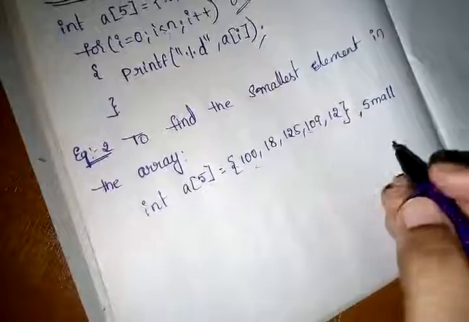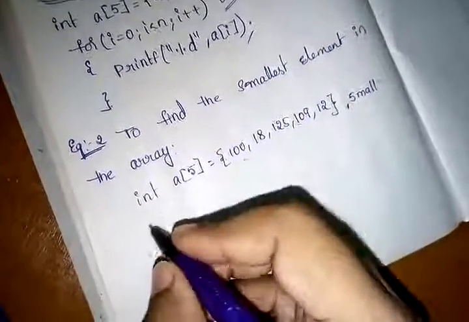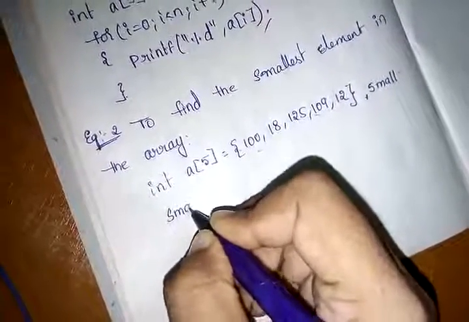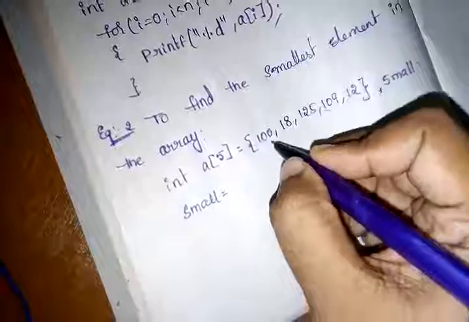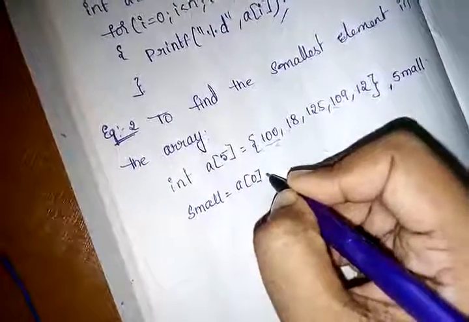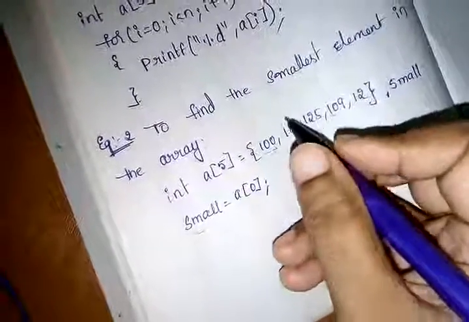So here in this case we will consider the small element as the first element of an array, so that is a of 0. So with this element we'll be comparing all the elements.